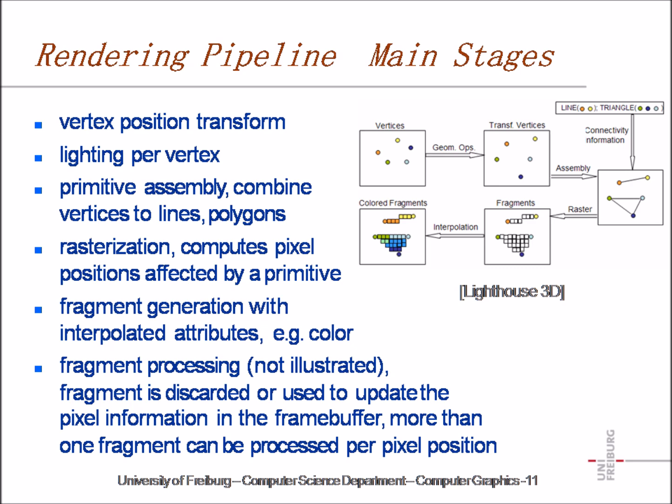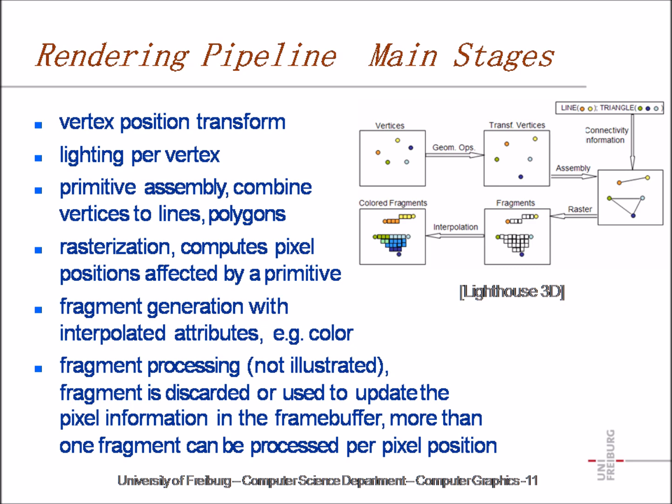The arrows are captioned, showing the output of one stage, which further becomes input for the next stage, and so on. The first block shows various types of vertices or points in yellow, red, green, black, etc.